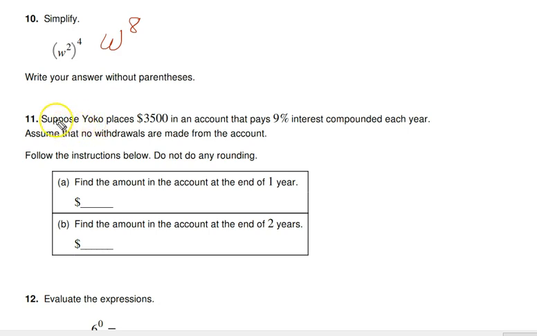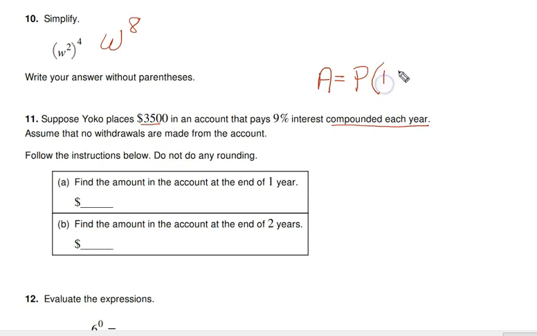All right, now here, for number 11, you need to be familiar with the formula for compounded interest, not simple interest. So the formula for compounded interest is future value is equal to the principal, which is the 3,500.